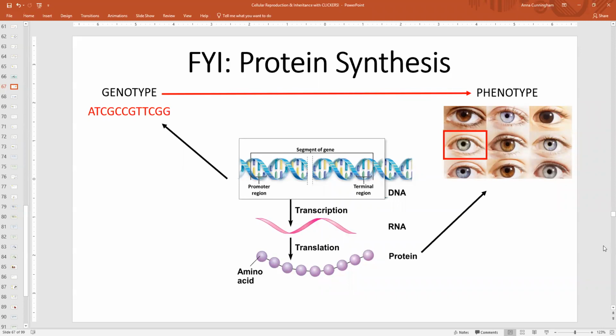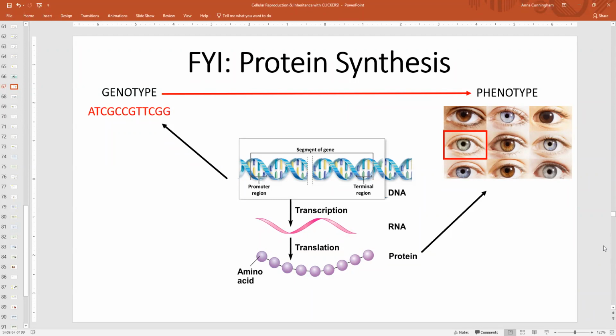Protein synthesis is when your body takes the genes in your DNA and sends them through two processes, transcription and translation, in order to turn them into whatever they're going to be. This is typically protein, sometimes RNA. Basically, we're going from a genotype, the genes you have, to a phenotype, which is the expression of those genes.